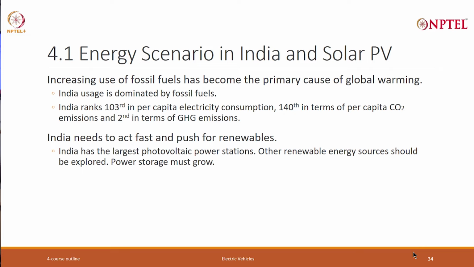But that is only per capita. If we talk about total GHG emission, we are probably 3rd, not 2nd. I think this is a mistake. 3rd in terms of GHG emission. But soon we can get to 2nd and we have to worry about it. So, India needs to act fast and push for renewable.